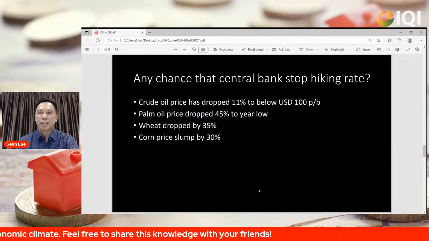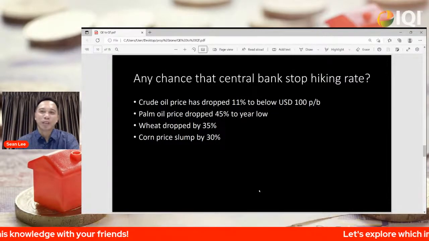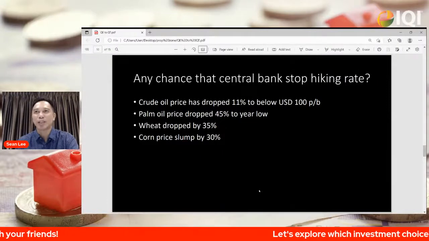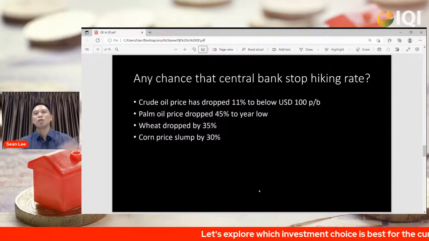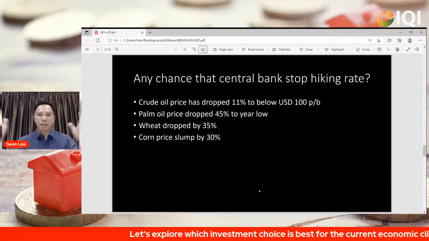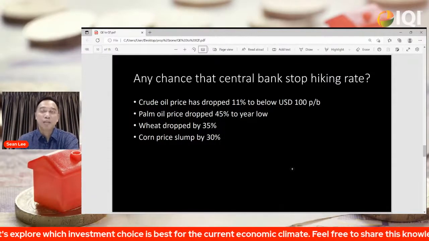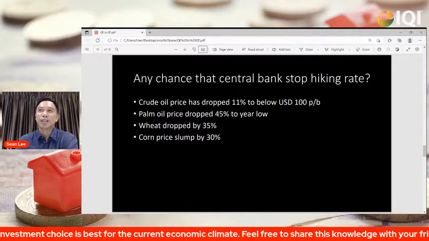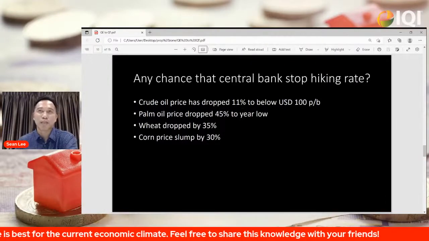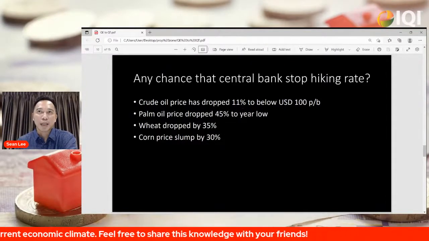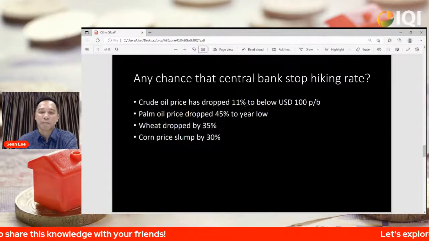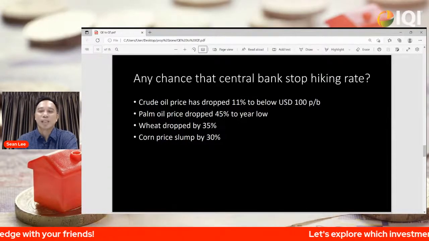I think one of the things we have to understand is that the main reason central banks increase the interest rate is inflation. Inflation is a component of so many commodities and also food, among other things. The good news is that one of the biggest components in the weightage of inflation is crude oil.